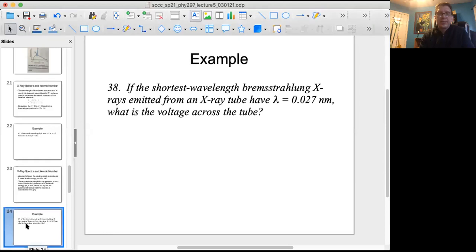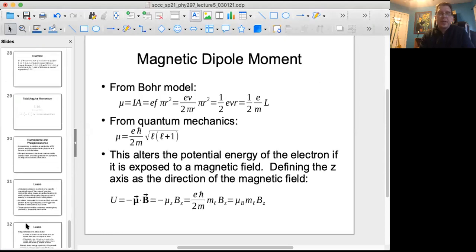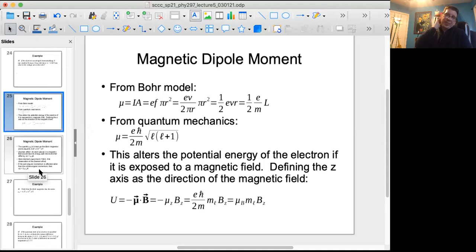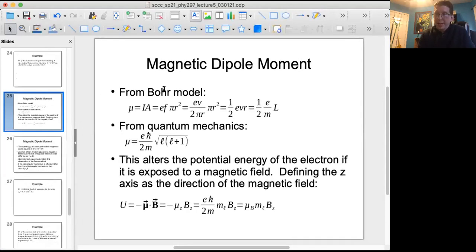Okay, so continuing on. How do you observe the different energy values corresponding to different values of L? Well, from the Bohr model, and there's a bit of a difference between how the Bohr model does it and how quantum mechanics does it.